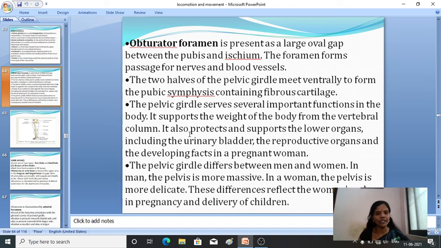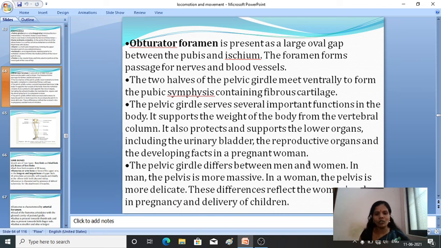It provides support to maintain the weight of the body, and it also protects and supports the lower organs, including the urinary bladder, reproductive organs, and the developing fetus in the pregnant woman.